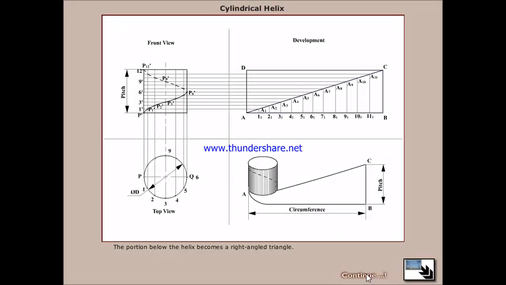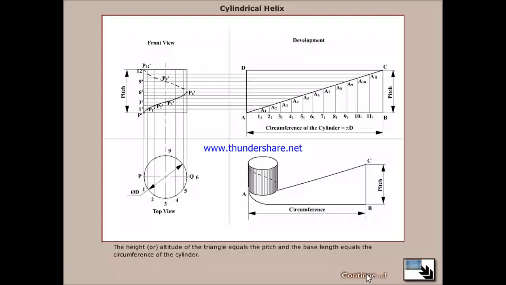Now, the portion below the helix becomes a right angle triangle. The height or altitude of the triangle is equal to the pitch and the base length equals the circumference of the cylinder.